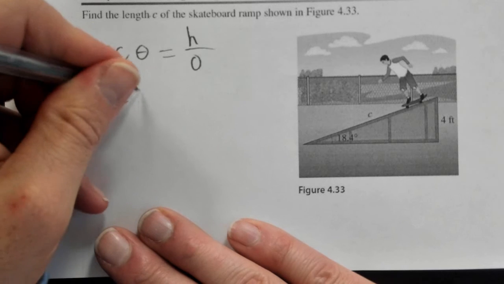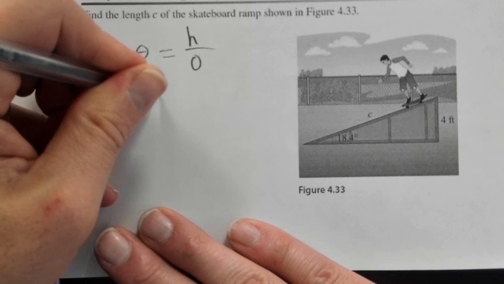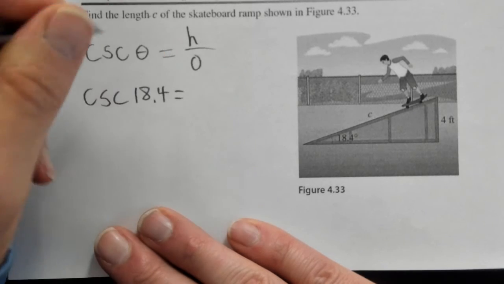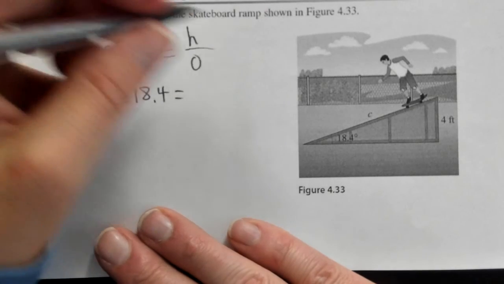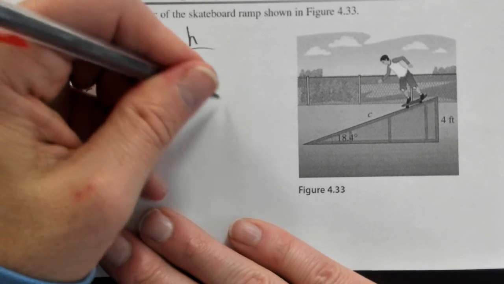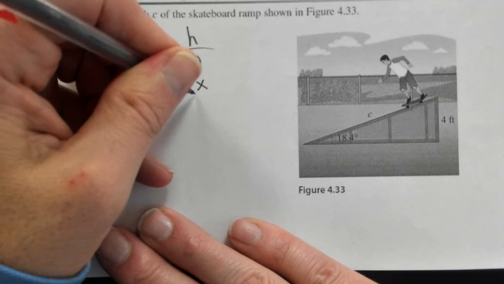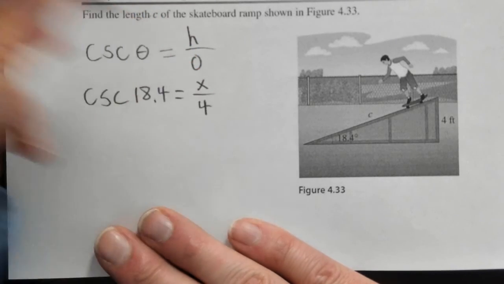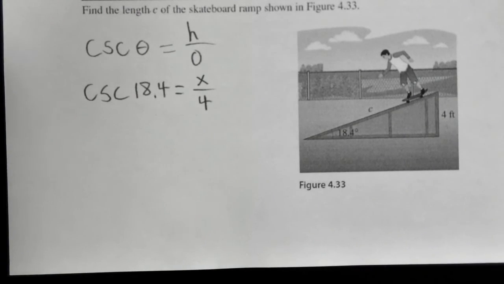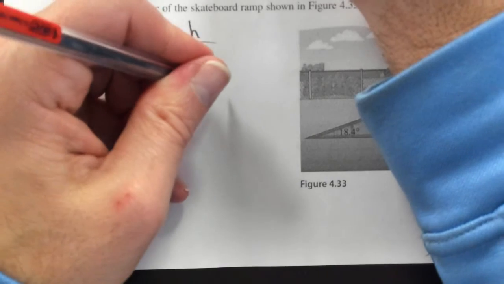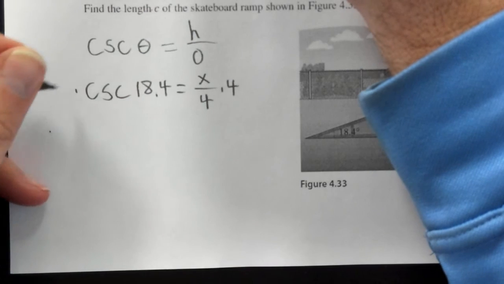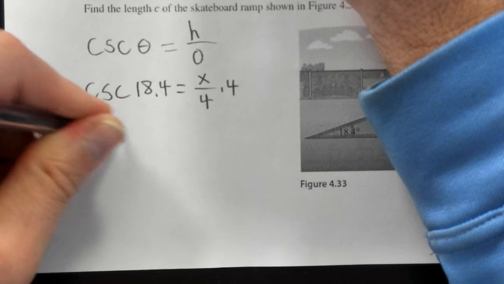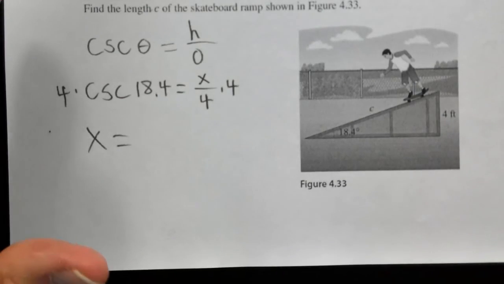Now let's plug the stuff in that we have. So the cosecant, my angle here is 18.4, equals the hypotenuse, which we'll go ahead and write as an x. You could leave it as a c if you want to. The opposite side is 4. And so in order to solve this, I'll multiply both sides times 4. And we just get x equals, ready for the calculator now.